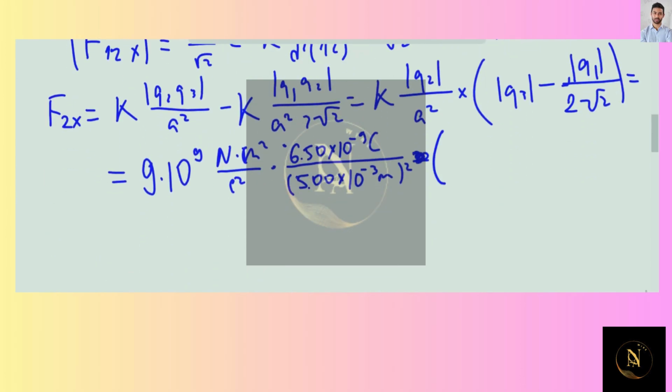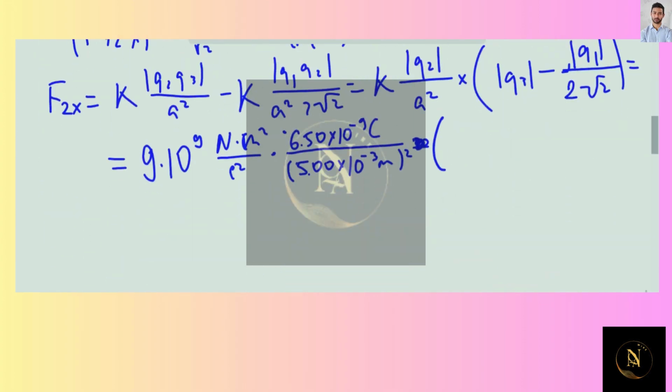And also multiplied by q3, which is 3.30 times 10 to the minus 9 coulombs, minus q1, which is 6.5, over 2 square roots of 2. Now let's calculate this value. So I need to use the calculator again.